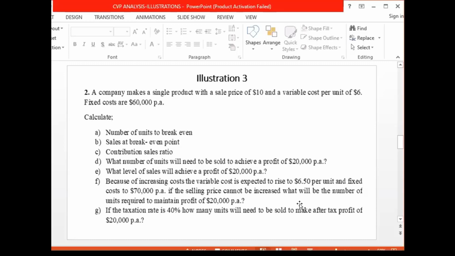Calculate the number of units to break even, sales at break-even point, contribution sales ratio, what number of units will need to be sold to achieve a profit of 20,000, and what level of sales will achieve a profit of 20,000 per annum.